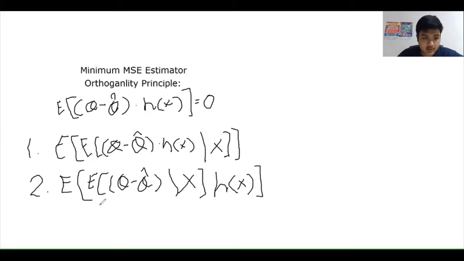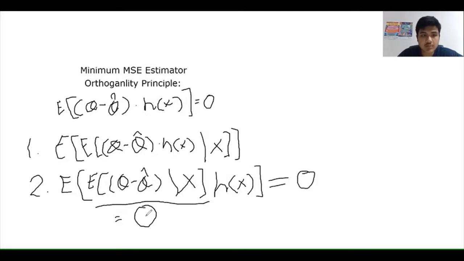This is the expectation of the error, and the expectation of the error given the data is always 0. So whatever the function h(x) is, if we multiply by this part, it's always 0. Any number multiplied by 0 becomes 0, so the answer is 0.